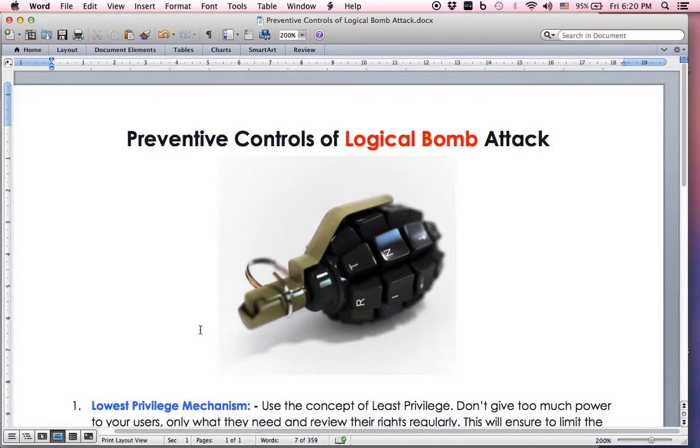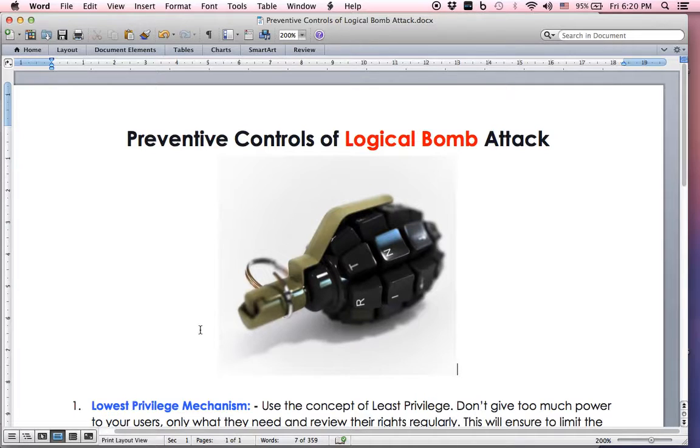So the application will destruct or attack the core system when the fraudster has the chance to access the core system without a monitoring process.